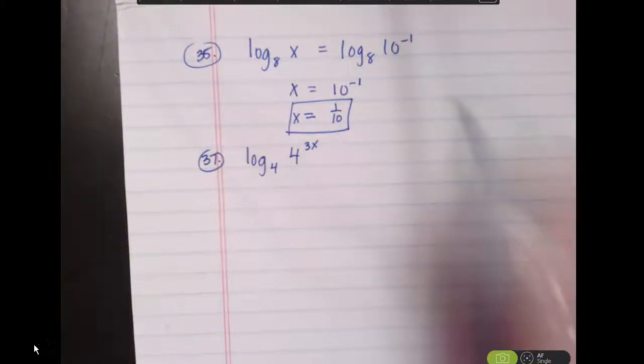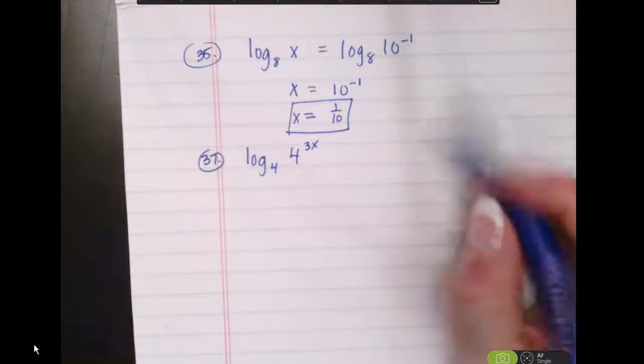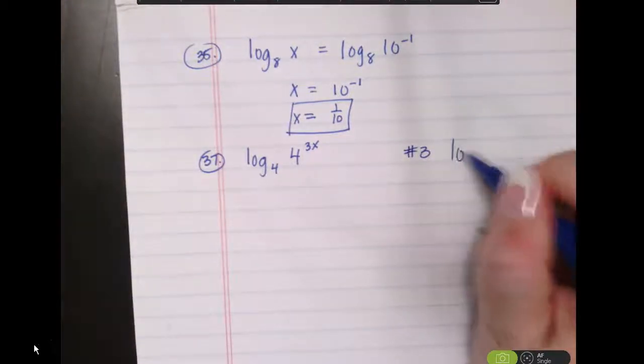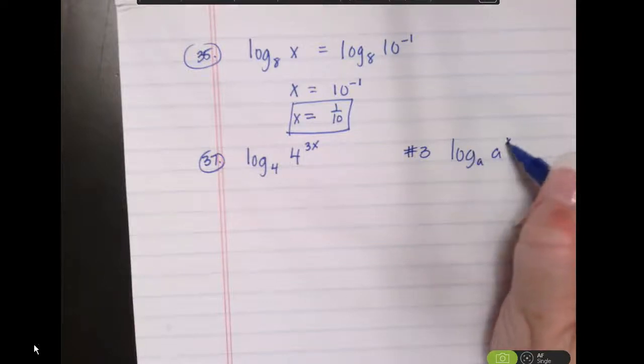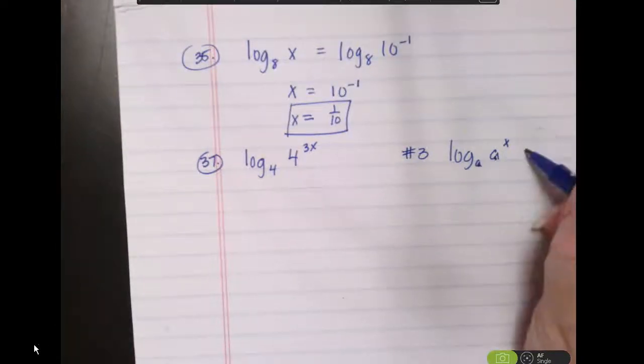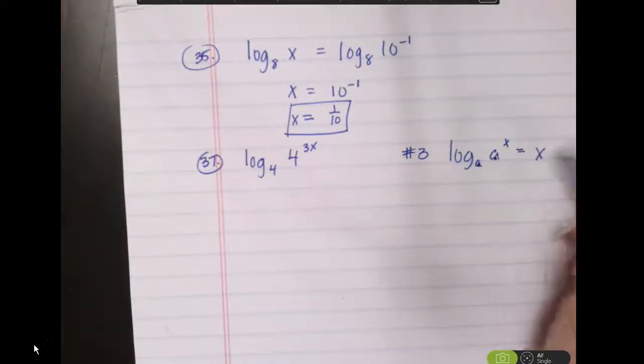Okay, so if I'm looking at my properties of logarithms, property number 3 says the log base a of a to the x, so that's when the base and the base of your exponent match, equals x.